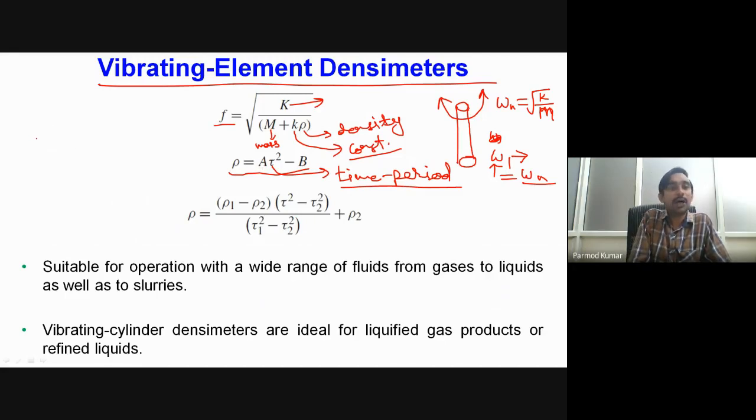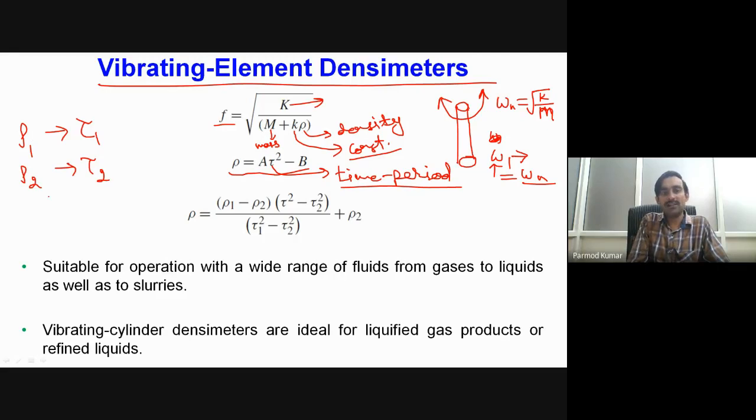So two test fluids, or reference fluids, are taken for which we already know the densities, rho 1 and rho 2, and corresponding to rho 1 and rho 2, the time periods of oscillation are determined, which are tau 1 and tau 2.